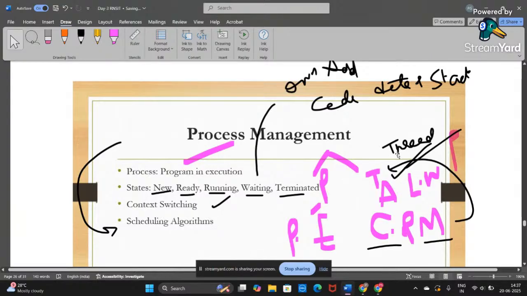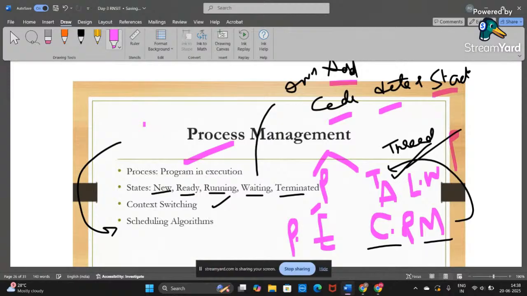It has faster context switching. Process states are new, ready, running, waiting, and terminated. And a process has its own address space: code, data, and stack. This is all about the process.